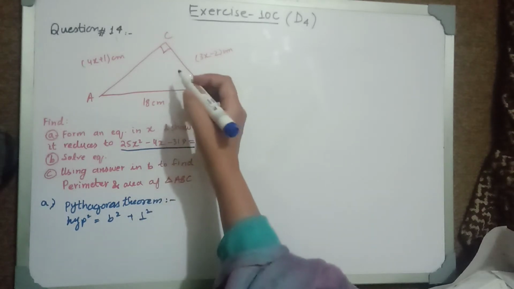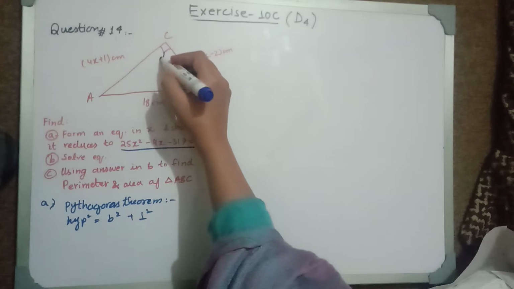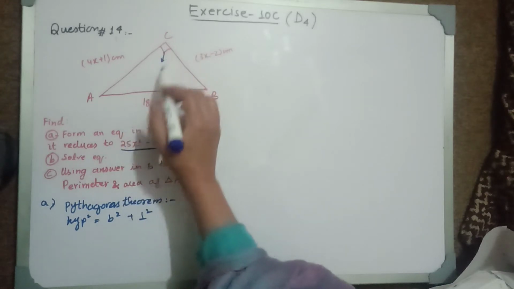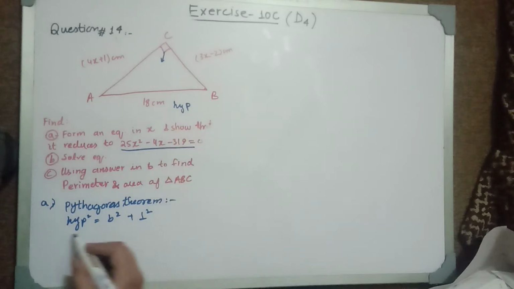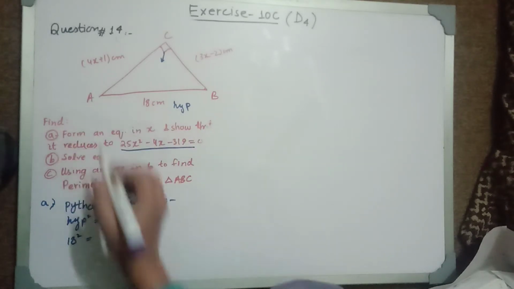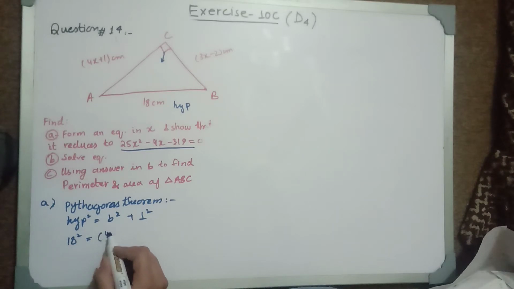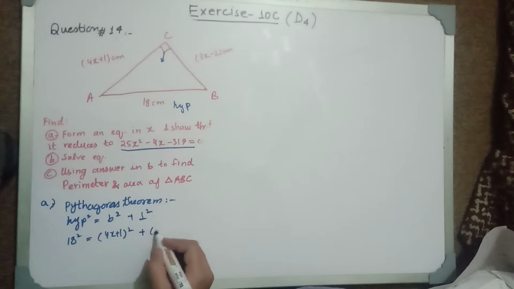Here we know that hypotenuse is the side that is opposite to this right angle. So this is our hypotenuse in this case. So I'm going to write that 18 square is equal to (4x plus 1) whole square plus (3x minus 2) whole square, right?